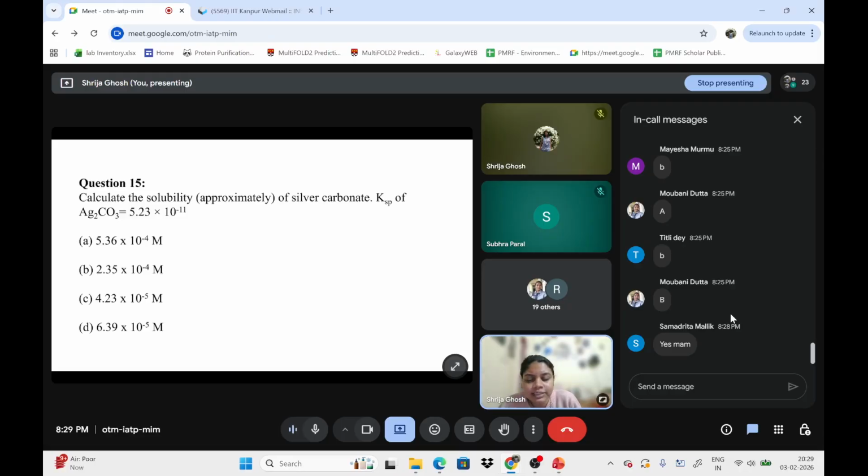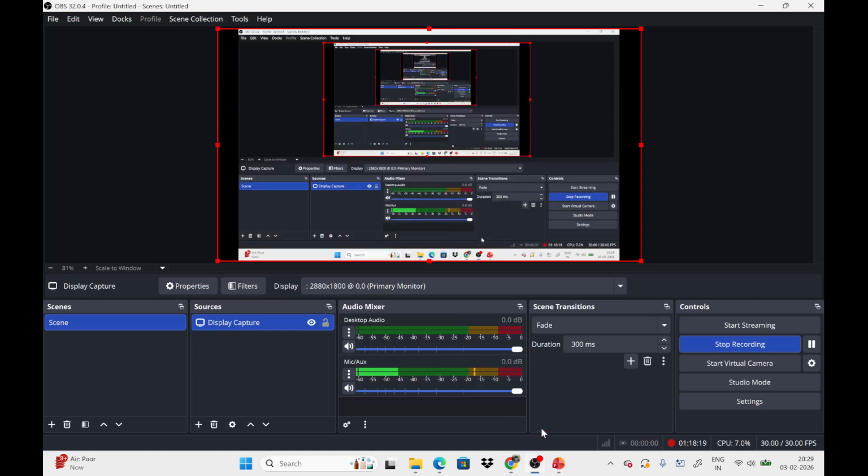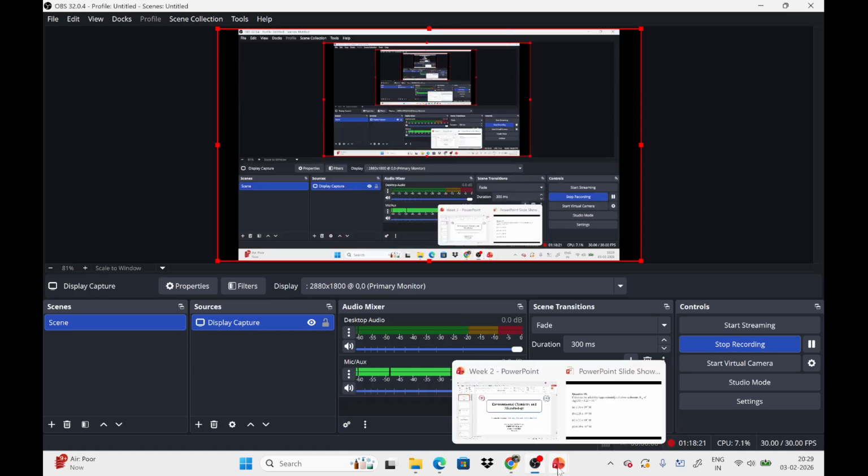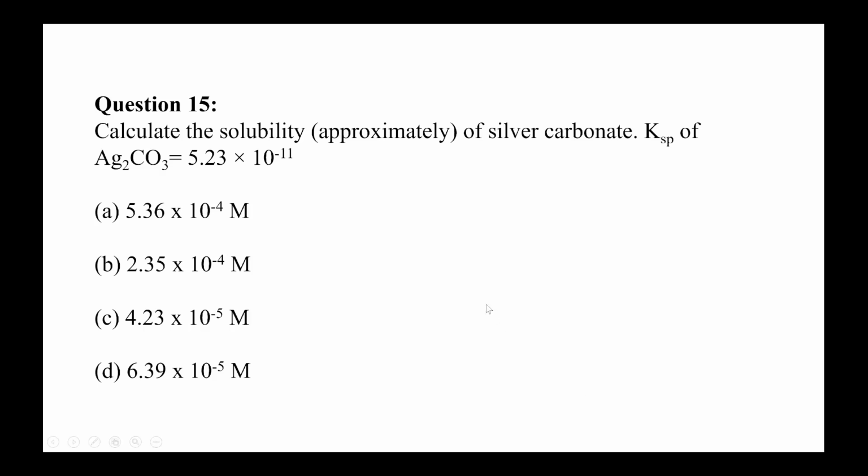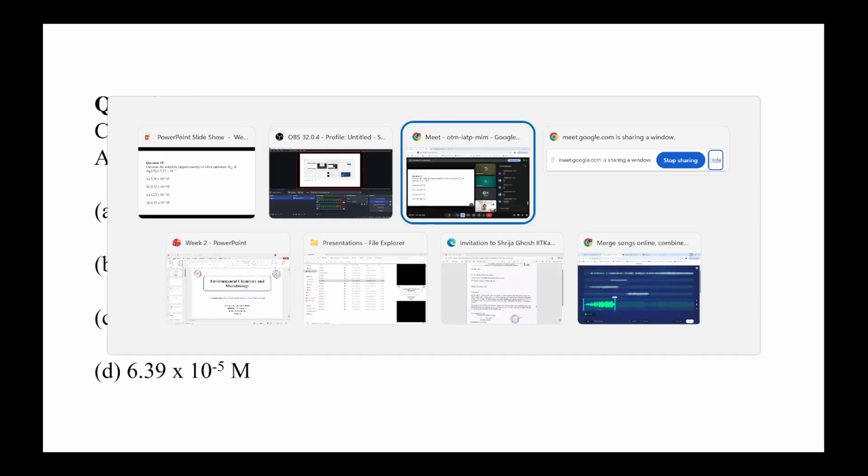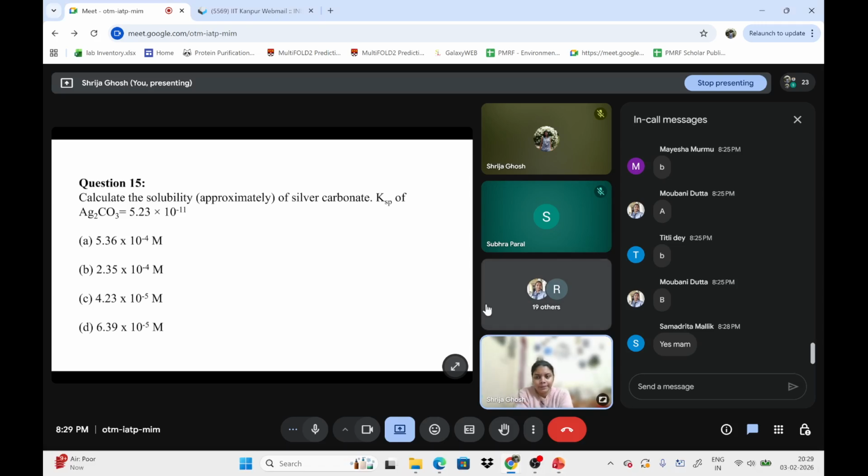Solubility product Ksp is given as 5.23 into 10 raised to the power of minus 11. What would be the solubility of Ag2CO3? The formula is also given for the salt, so you can easily calculate. Calculate and let me know.